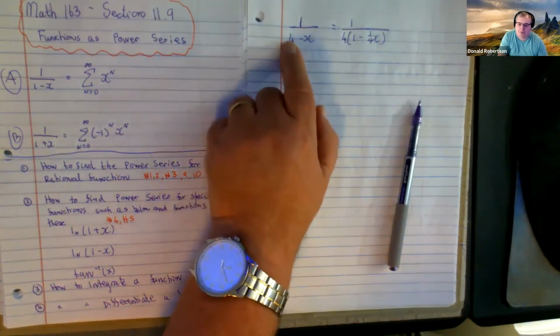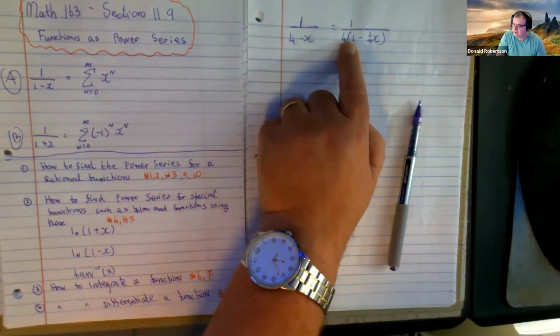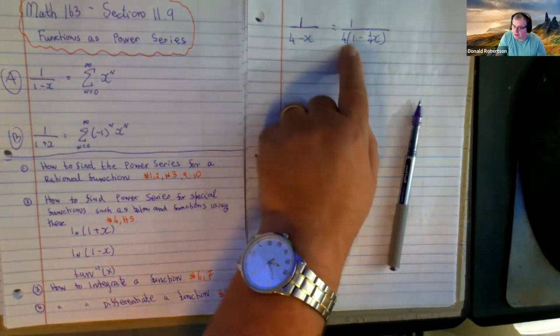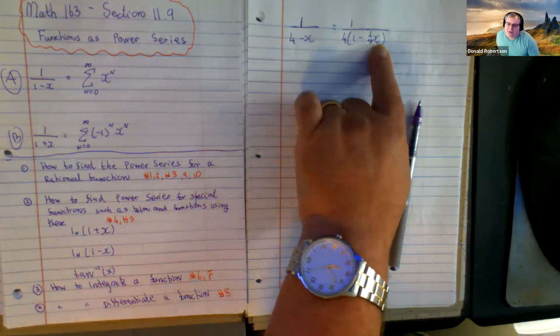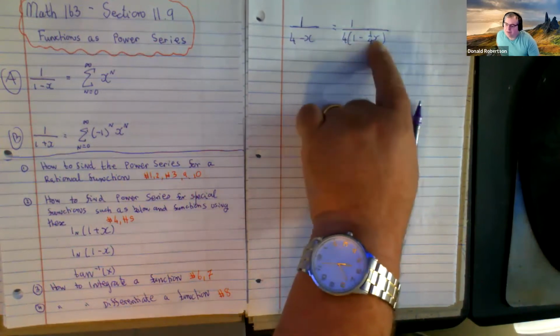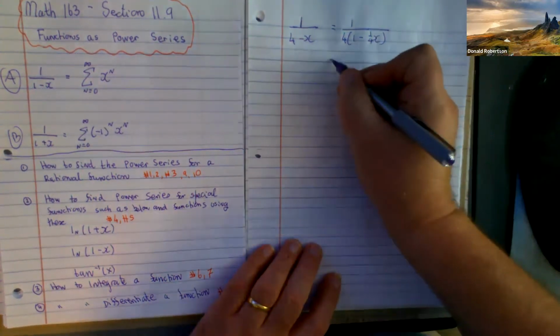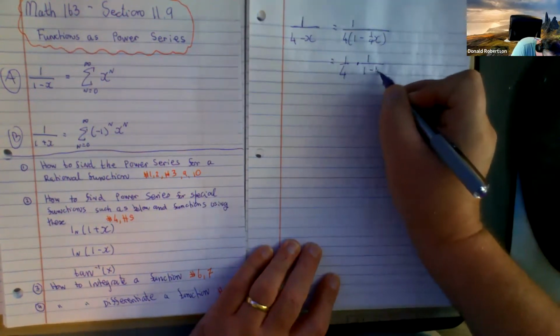I can't do it with 4 take away someone or 4 add someone. So you pull out a common factor of 4, which isn't a normal thing to do in an expression like that, but nonetheless you do it. Now that gets you 1, and are you okay with this being negative a quarter? Because if you pull it out and multiply it back again, what happens is that you now get 1/4 times 1 over 1 minus a quarter x.